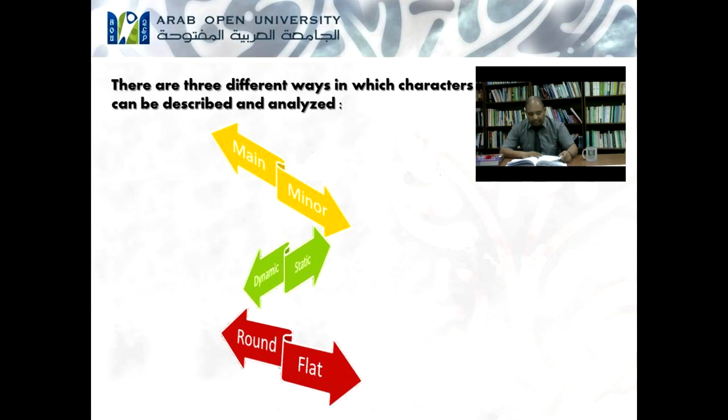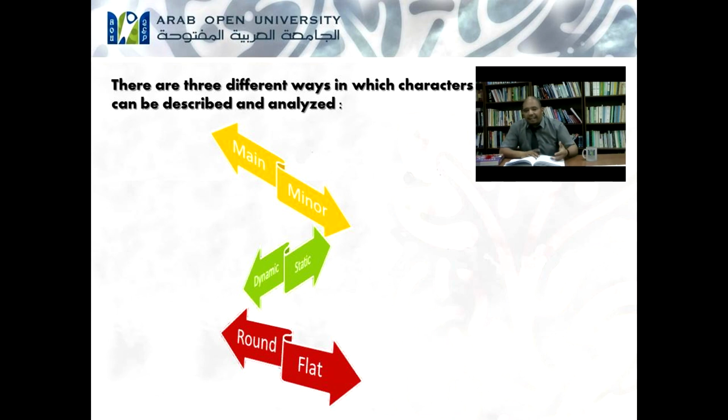So like I told you, we have three categories of characters. You have main and minor characters. By the way, if you think deeply about the phrase, you can come up with a definition of it.